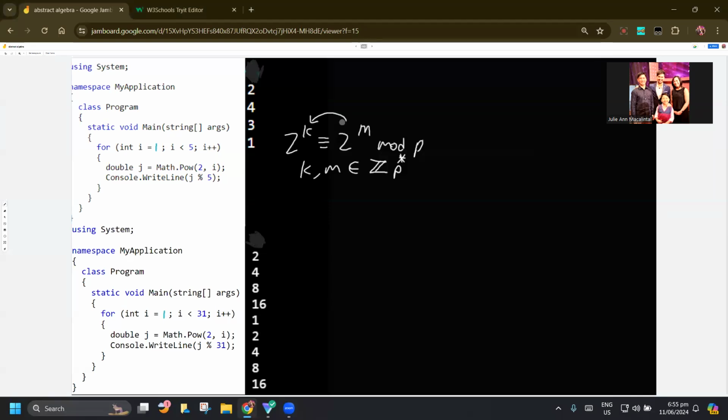If I could prove that k and m are equal, then that would prove 2 to the k mod p is unique. So basically there's no other 2 to the m. That's just 2 to the k. So it must be unique. But I cannot find any way to prove this.